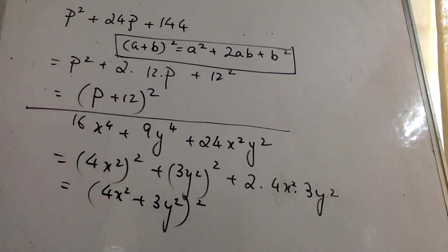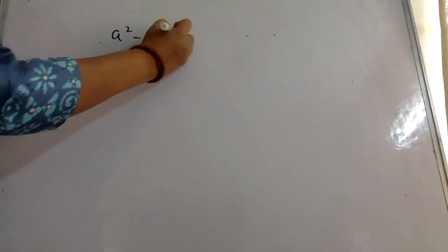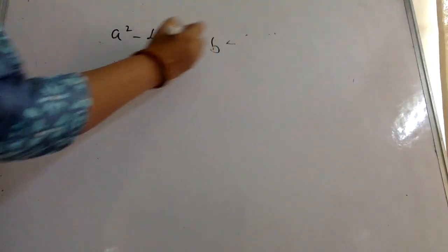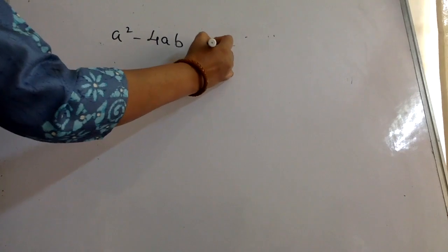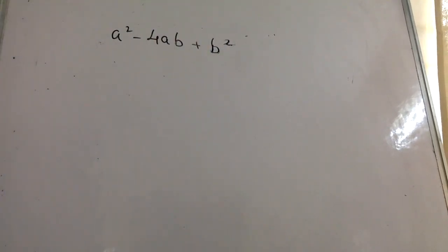Do not mix up. We'll take up next sums based on the a minus b identity. Let's see how they are. The next one is a square minus 4ab plus 4b square, and this one we are going to factorize. This expression is given to us and we are going to convert it to factors.